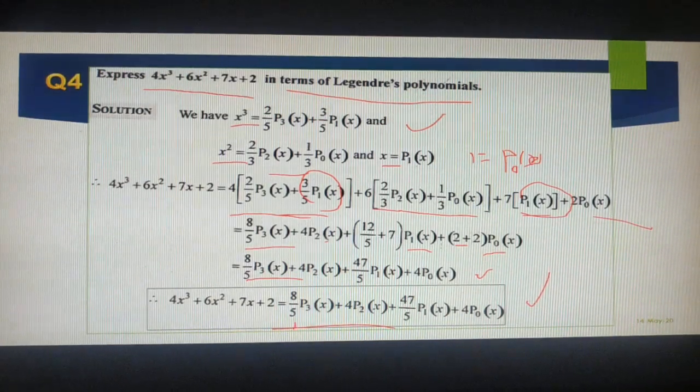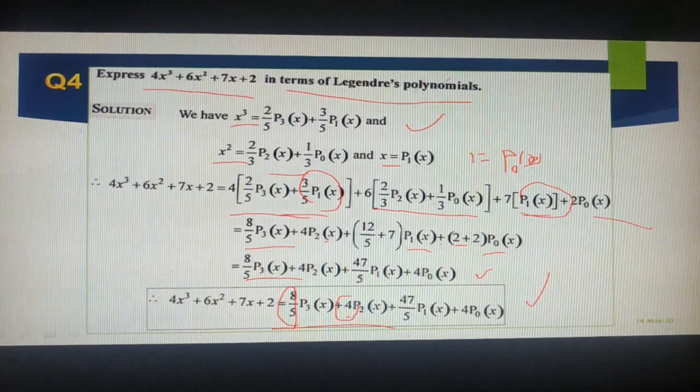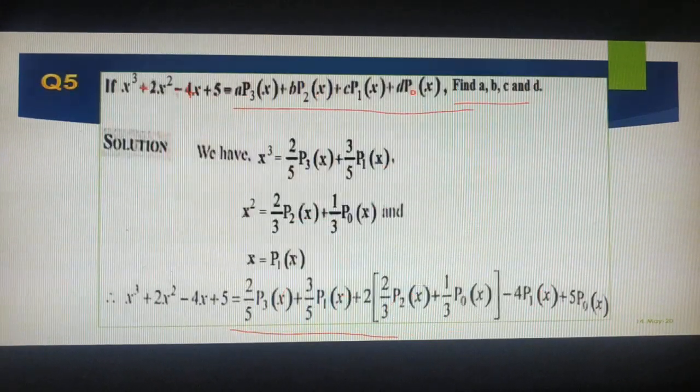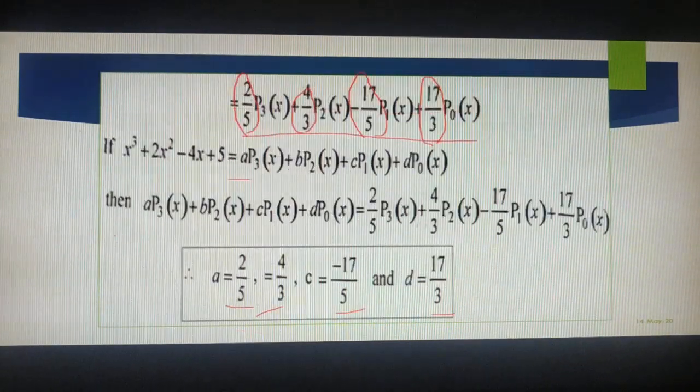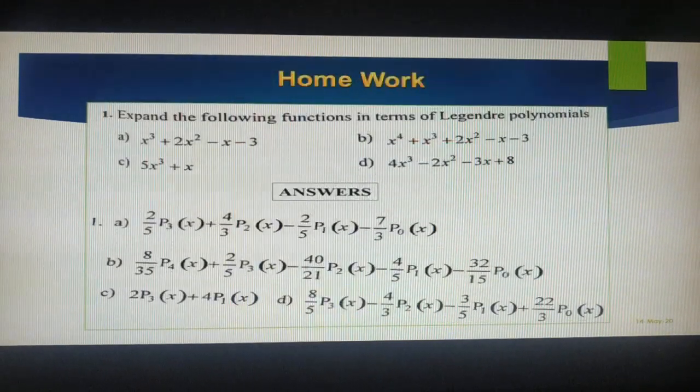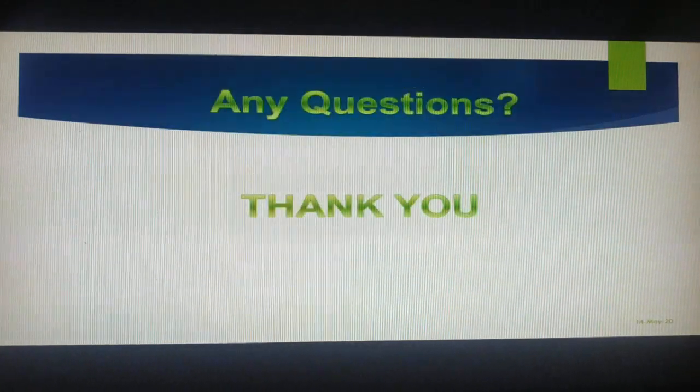Same way we will do it. Finally we compare these constants with a, b, c, d. Those are your results. So it's a straightforward problem. These types of problems you can expect in your end examination. Try to do these problems on your own. Thank you.